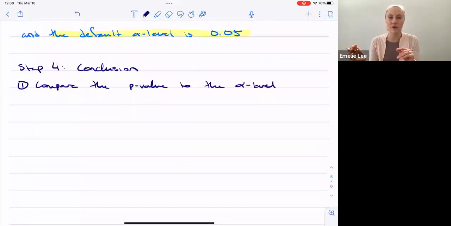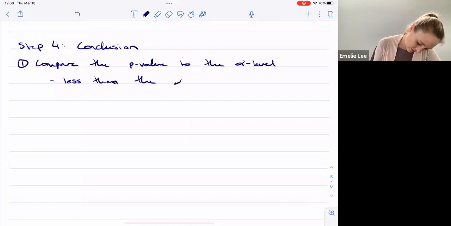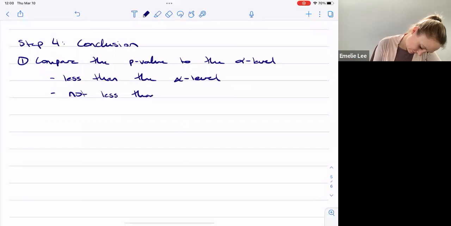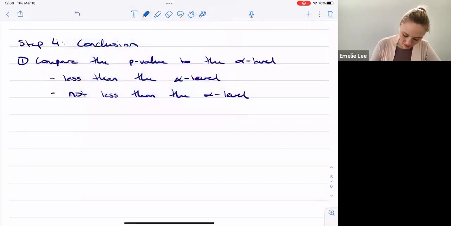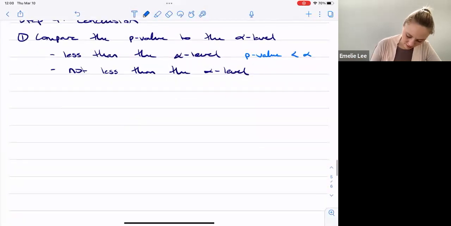It's either less than the alpha level or not less than the alpha level. That's easy enough. So the p-value is less than the alpha, or the p-value is greater than the alpha.